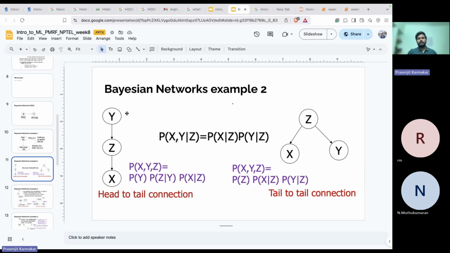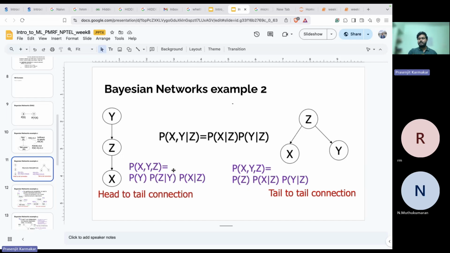For example, here I want the joint probability of x, y, z to be computed. See, y is independent, so the probability of y times, since it's a joint, so it will be an AND operation, times the probability of z. Z is dependent on y, so given y happened, what is the probability of z also happening?